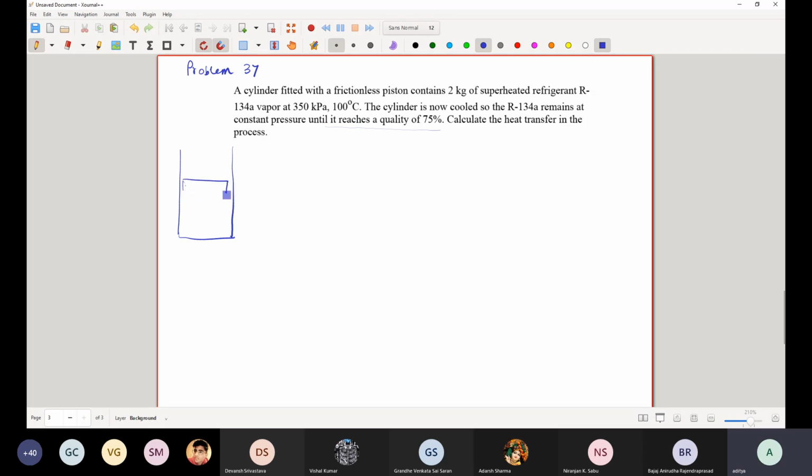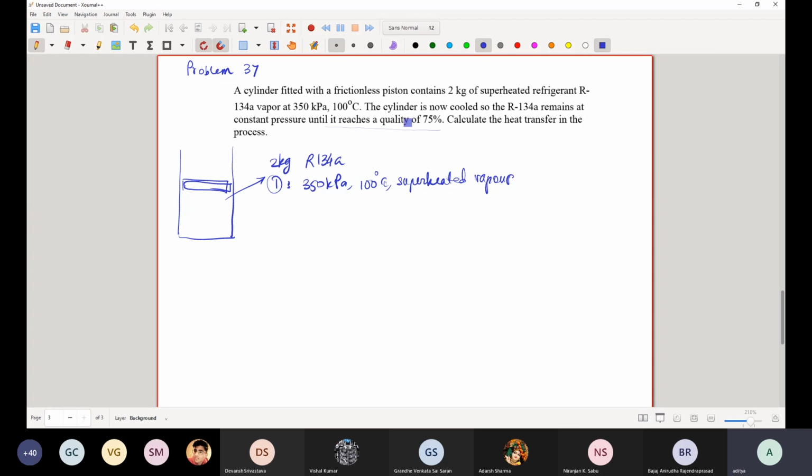This is a piston, and over here you have R134A. So in the cartoon we can write 2 kg R134A. State 1 is 350 kilopascal, 100 degrees Celsius, and this is superheated vapor.